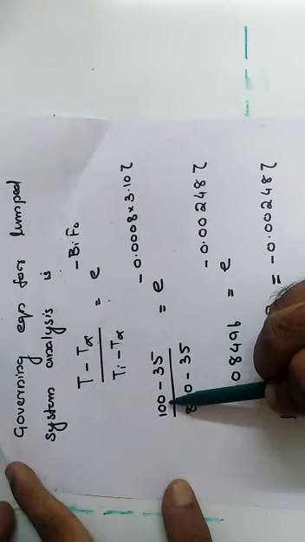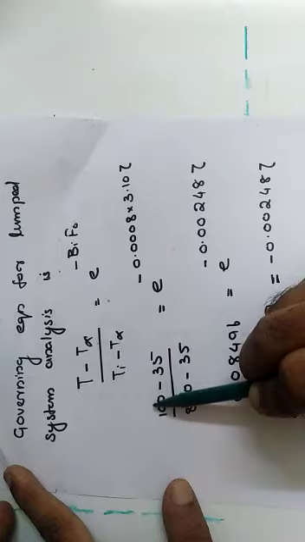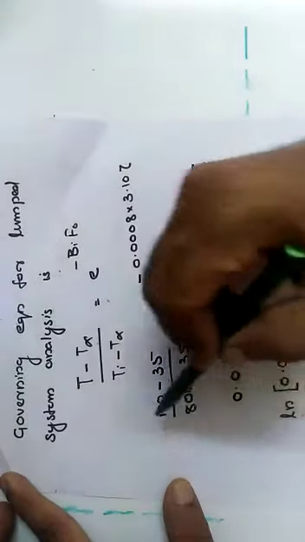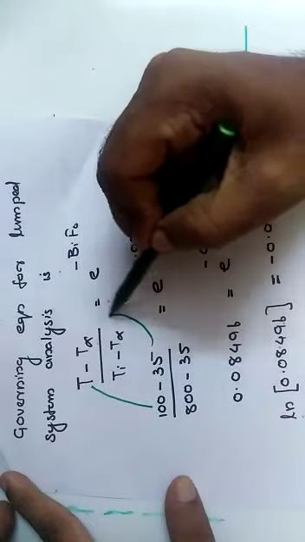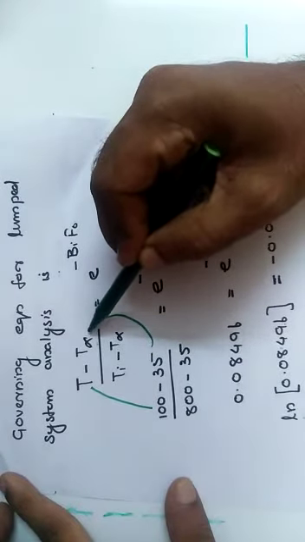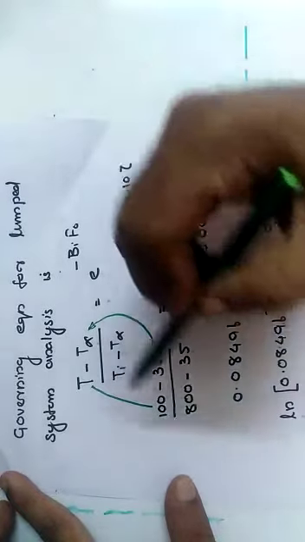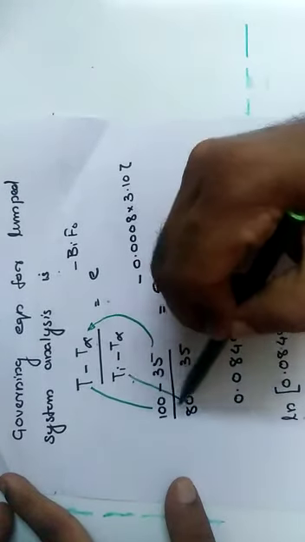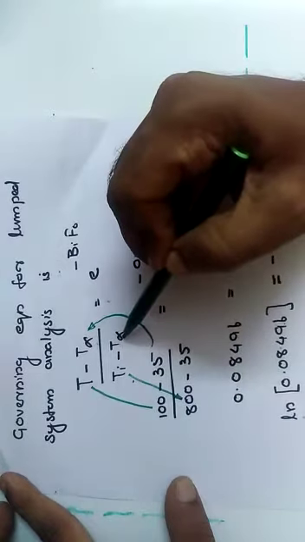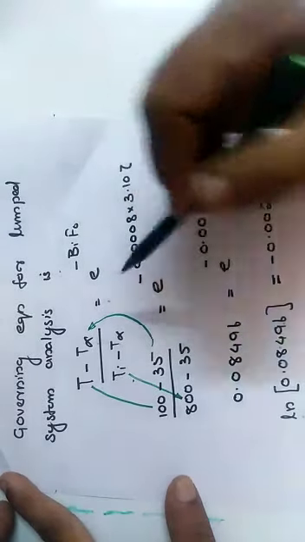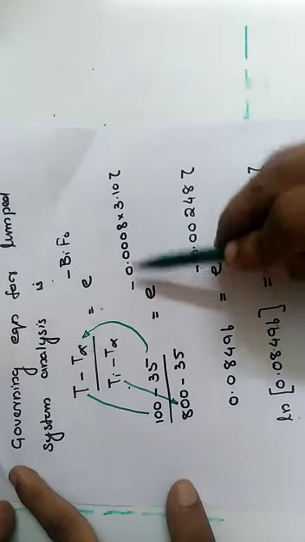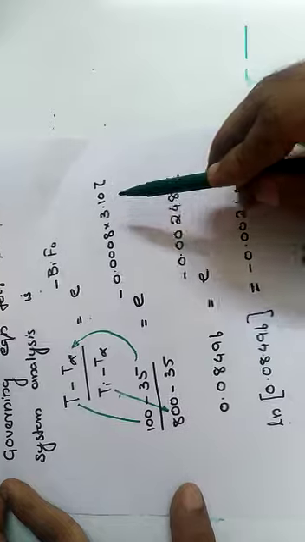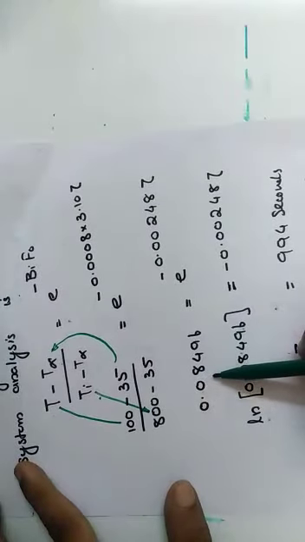We have to calculate the time required to bring the body to a temperature of 100 degrees Celsius after a time tau. So T equal to 100 degrees Celsius. It is kept in an environment of 35 degrees Celsius. So medium temperature T infinity equal to 35 degrees Celsius. Initial temperature equal to 800 degrees Celsius. Again the T infinity equal to 35. This is equal to e to the power of minus Biot number into Fourier number. So simplify it, it will give you this expression.